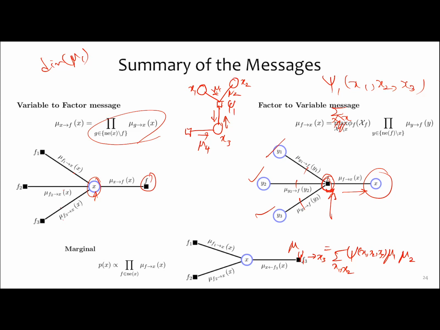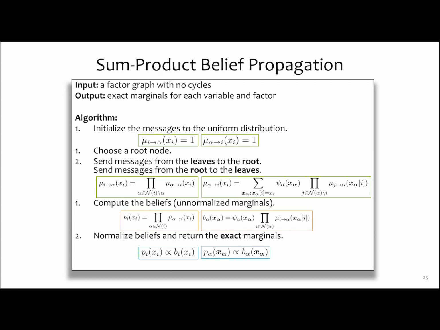There is no approximation. If I write it as an algorithm, we initialize all of the messages that go from nodes to factors to nodes as 1, and follow the procedure. We first ask, are you a factor or a node? You are sending a message to a node or a factor, right? Then we follow one of these procedures. If you are a node sending a message to a factor, you just multiply all of the incoming messages and send it. If you're a factor, you multiply all of the incoming messages, apply your factor, your operation, sum over the rest of the values you have received, and send it.